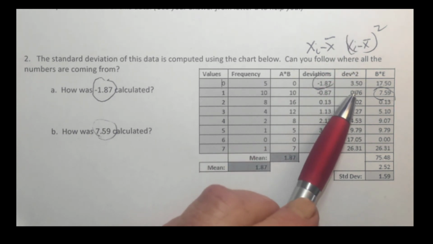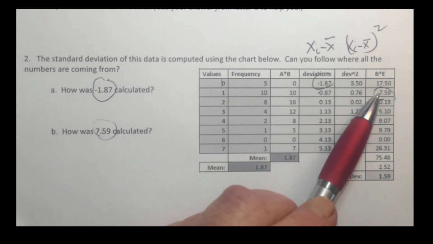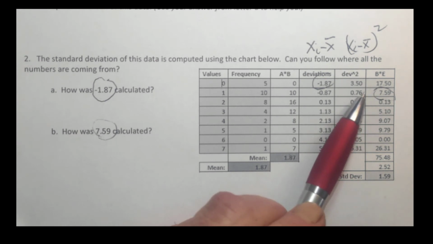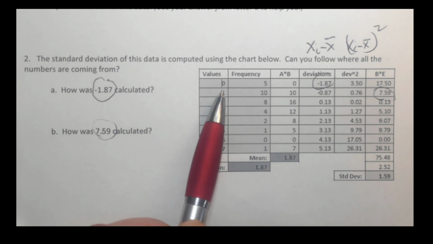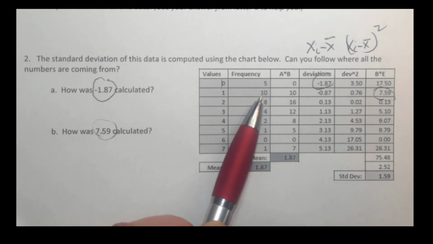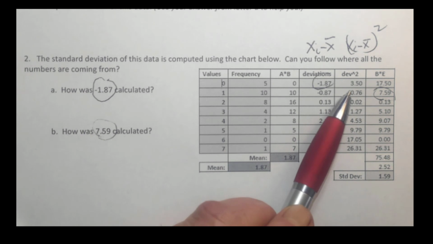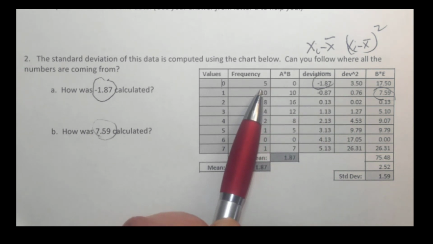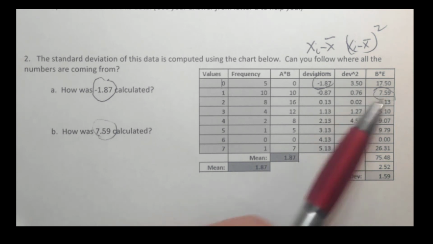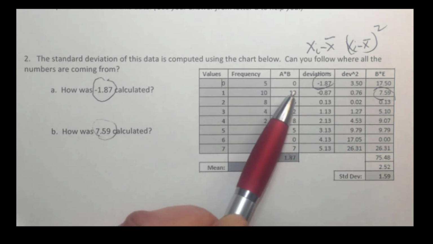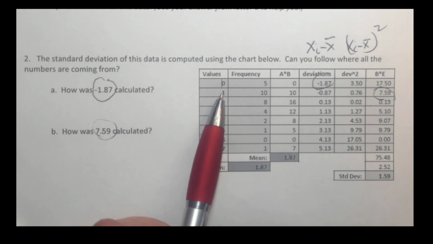How did they get from 0.76 to 7.59? Because this deviation squared represented one of these number ones, one of these 1 cups of coffee, but there was actually 10 people that chose that. So they took the deviation squared, multiplied it by 10, and got the total deviation squared for all 10 people that drank 1 cup of coffee.